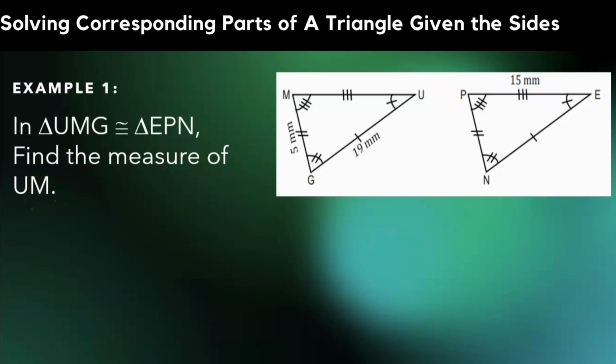Since we are finding the measure of UM, hahanapin natin ang congruent niyang side by simply looking at the figure. Since ang side UM ay may 3 markings, sa kabilang triangle hanapin din natin yung side na mayroong 3 markings. And that is EP.